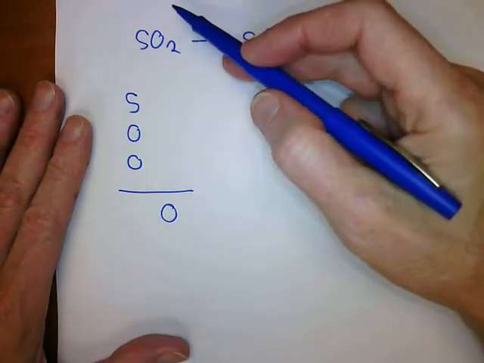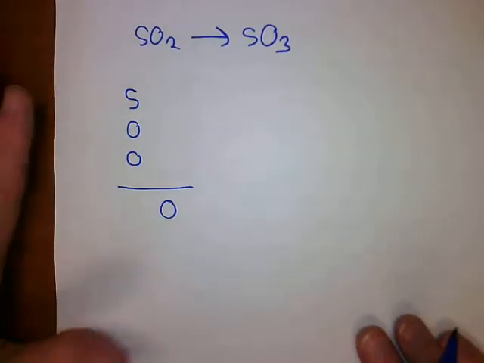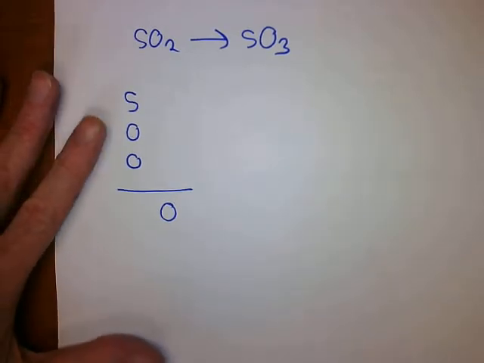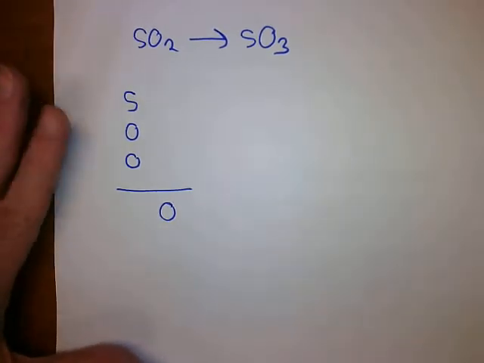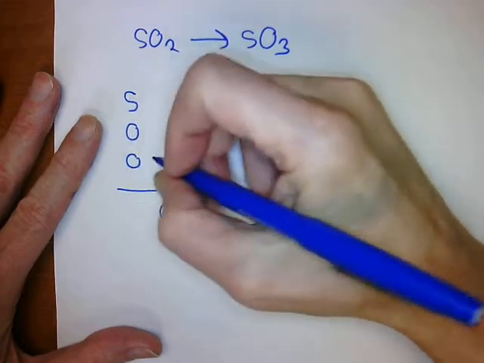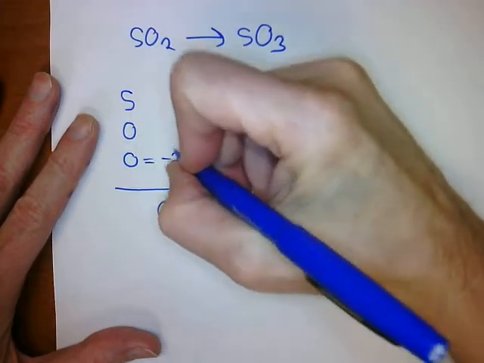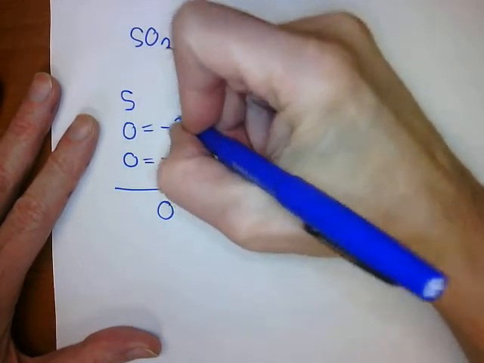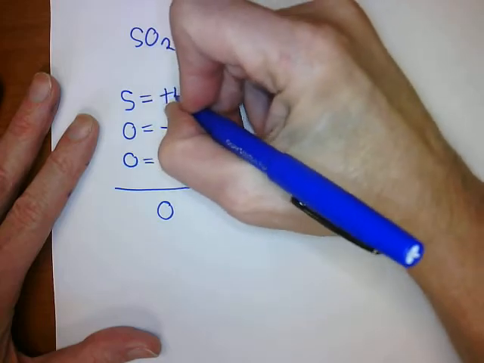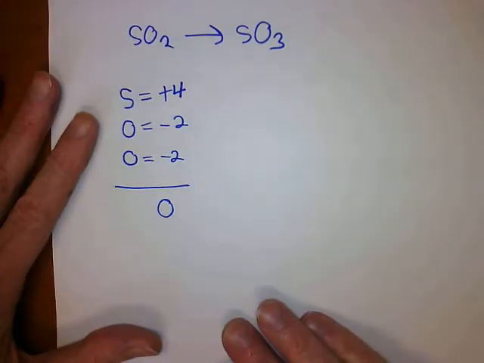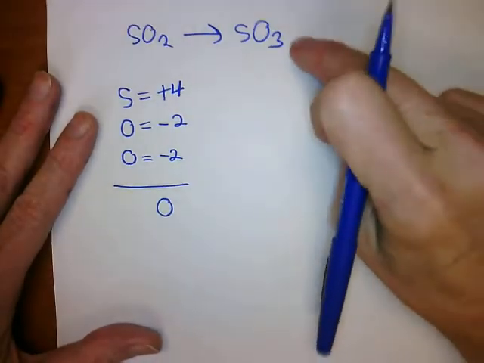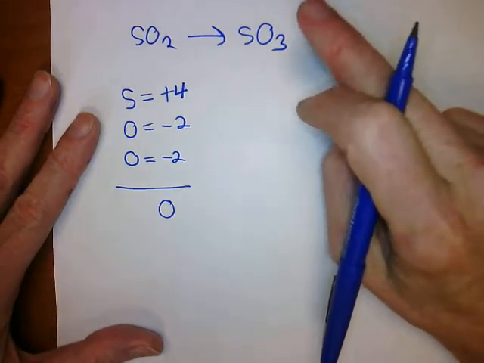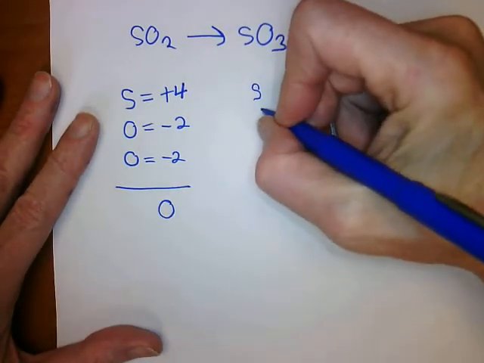I don't see a charge here. It's not SO2 plus or SO2 minus. It's just SO2. So if each oxygen is minus 2, then what is the sulfur? Sulfur is plus 4.